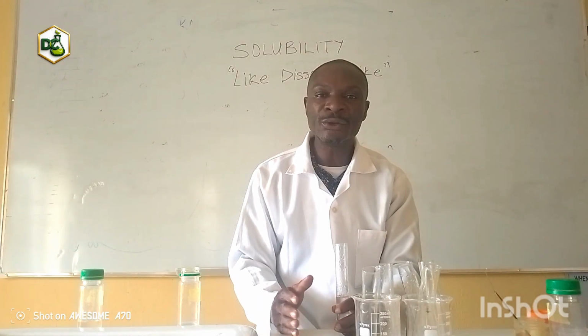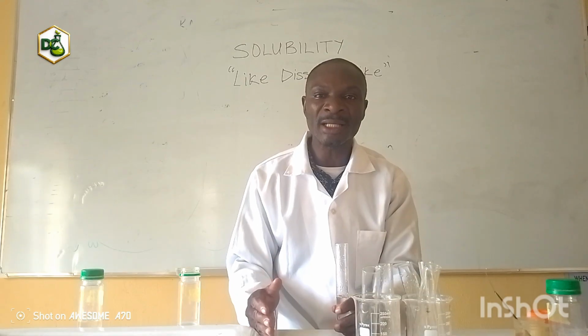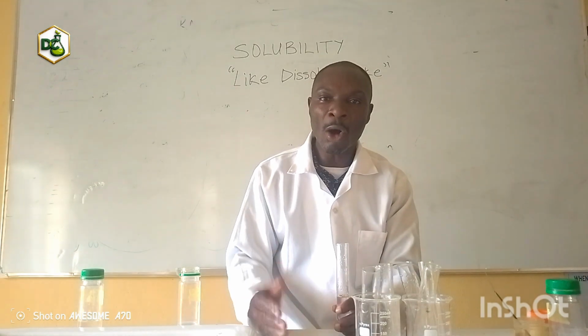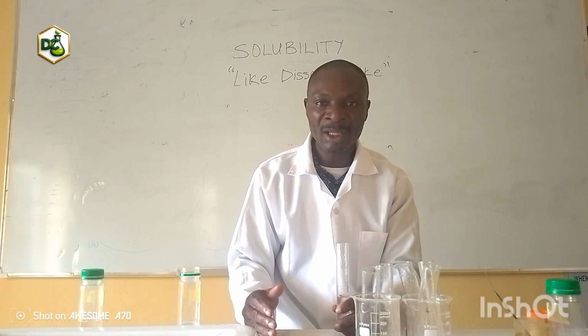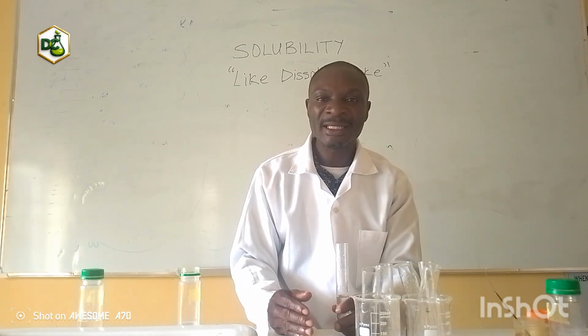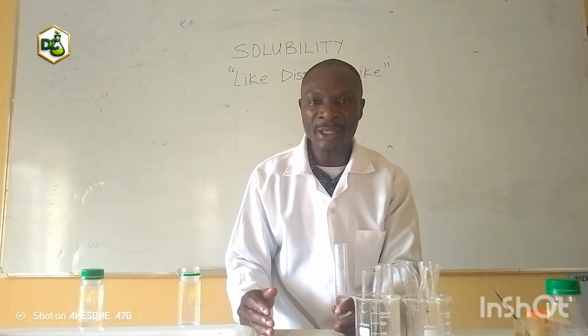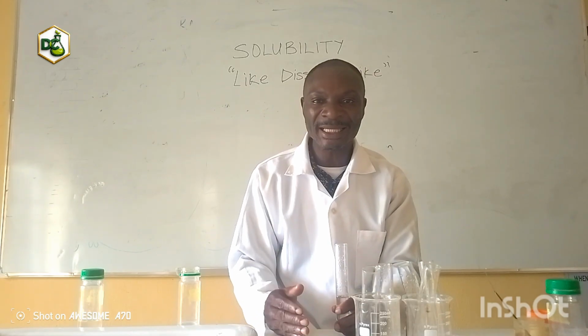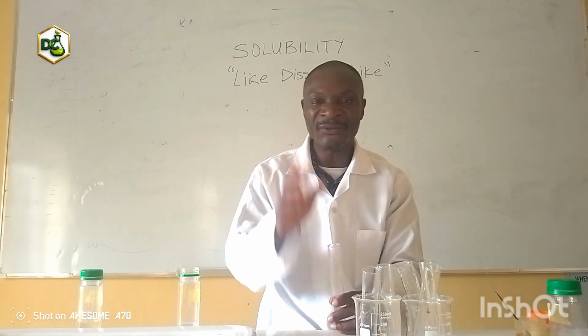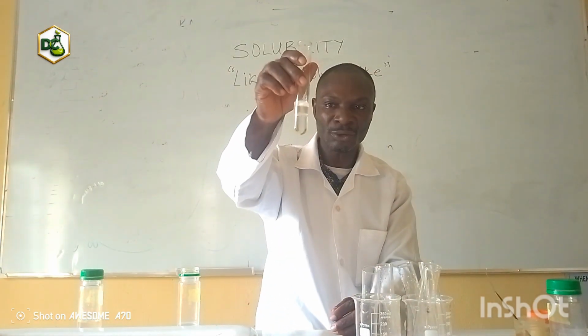So if you introduce oil in water, the oil will float on water. If you introduce water into oil, the water will sink in the oil because of difference in density, thickness of that.